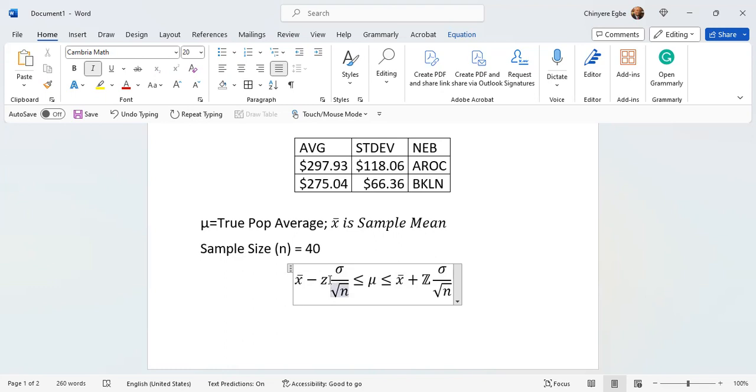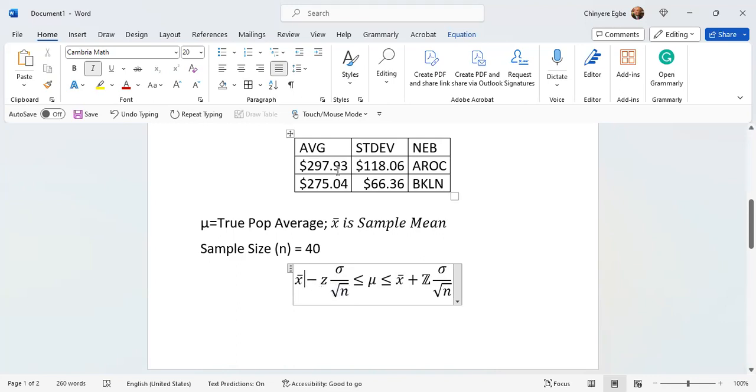When we do a confidence interval, we do it at a certain level, like a 98% confidence interval or a 99% confidence interval. We say to ourselves, we don't know what the true mean is. However, with 98% or 99% confidence, we can say that the true mean is between this lower value and this upper value.